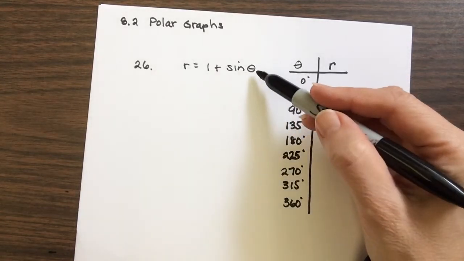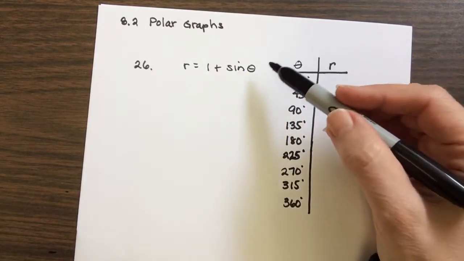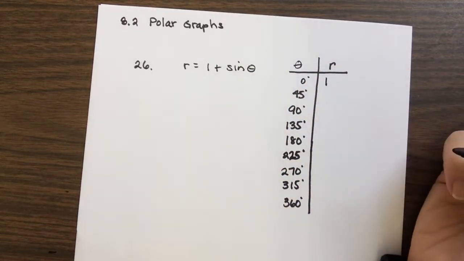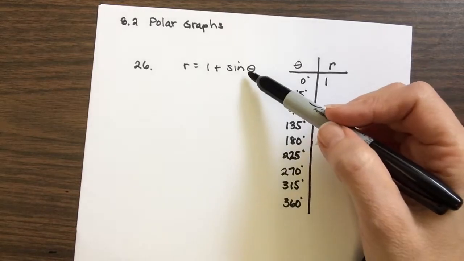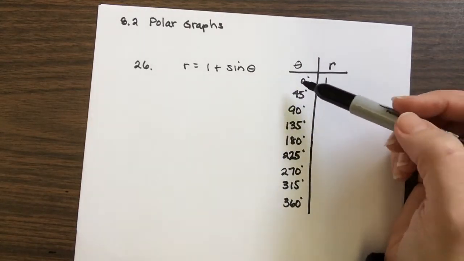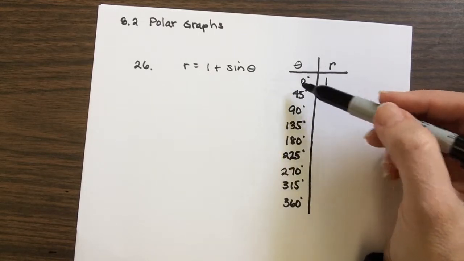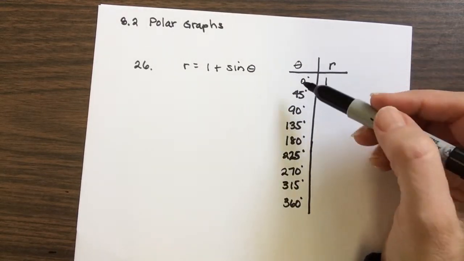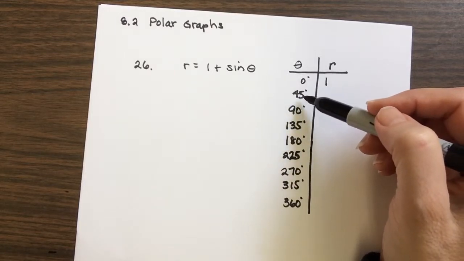So the sine of 0 degrees, if I just plug these in, is 0, plus 1 is 1. The sine of 45 degrees is the square root of 2 over 2, which you probably want to plug in your calculator just to get a decimal approximation since we're plotting these points. So square root of 2 over 2 is about 0.7.